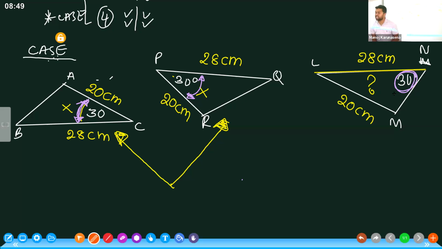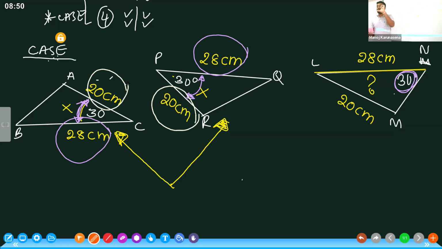Now there is a special scenario. If two sides and the included angle of one triangle are equal to two sides and the included angle of another triangle, then the two triangles are automatically getting congruent to one another.